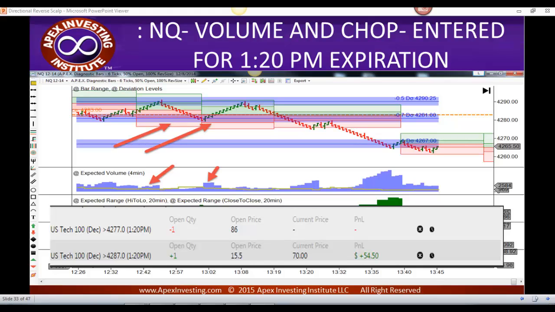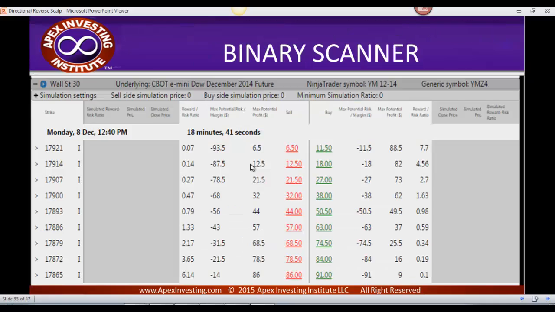The 5-minute binaries move so fast. You don't always have the strikes you might want. For example, remember I showed you right here the screenshot of the binary scanner, and just on this particular contract here, we've got 9 different strikes. Well, we don't have as many of those strikes on the 5-minute binaries.